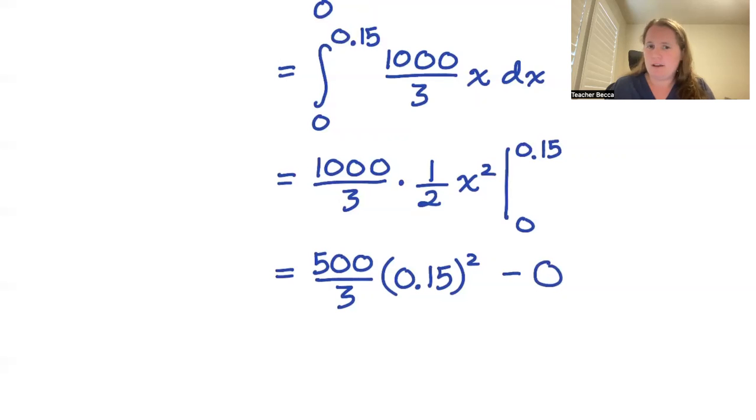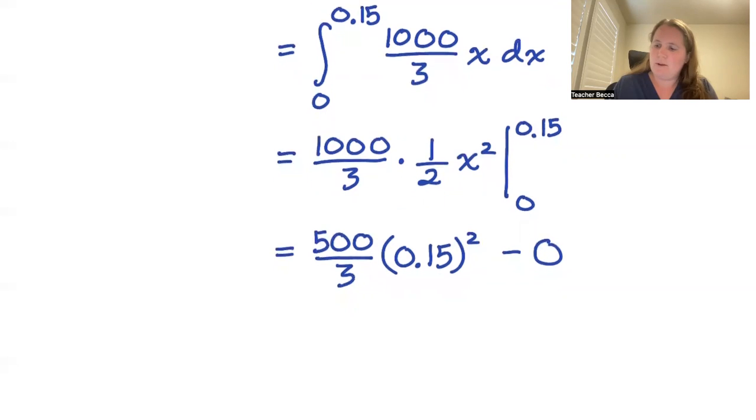And if I plug this in, I wind up getting, let's see, 0.15 squared is 0.0225 times 500 divided by 3 is 3.75.